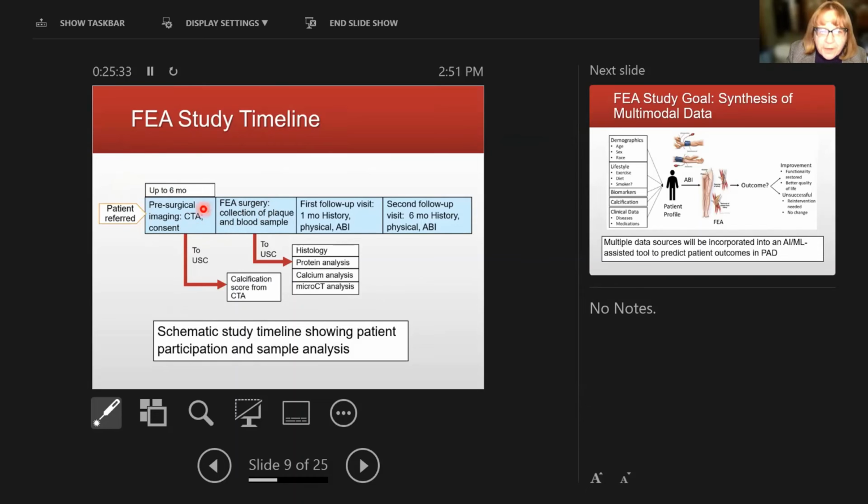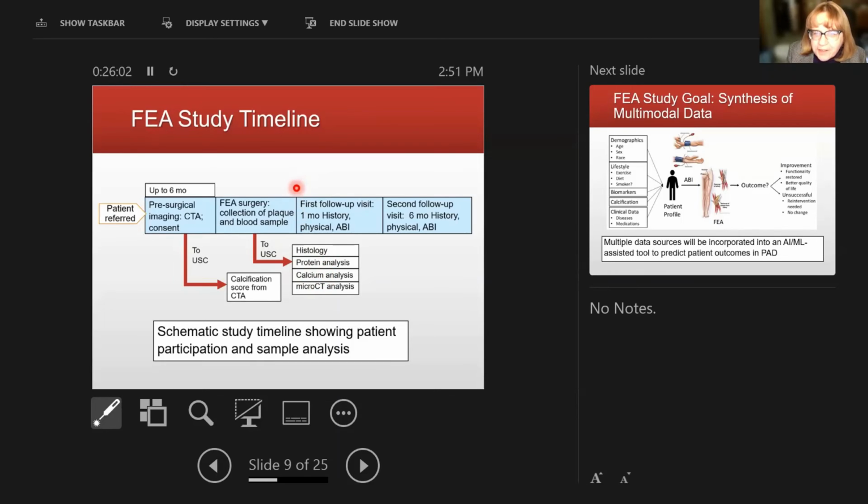At the time of their CT scan, we get the CT scan here at USC, and at the time of their femoral endarterectomy surgery, we get the excised plaque specimen as well as a blood sample. The blood sample is used for a biomarker analysis. The plaque sample is used for a micro CT and calcium analysis.